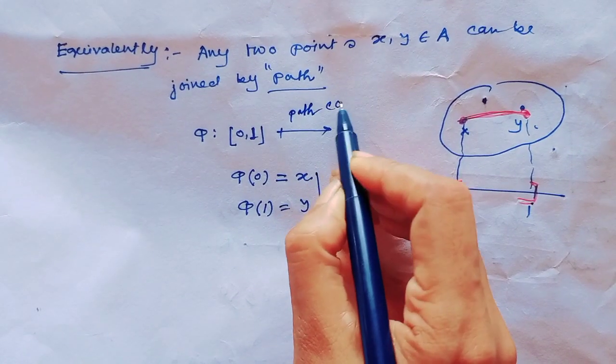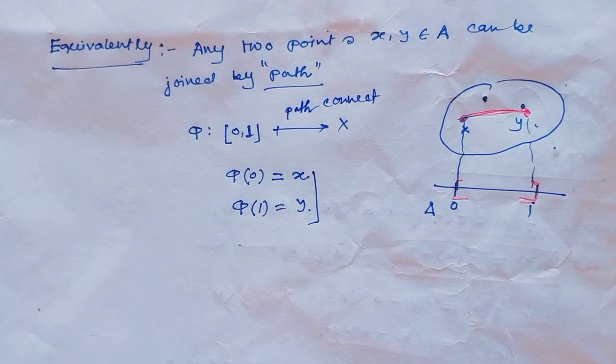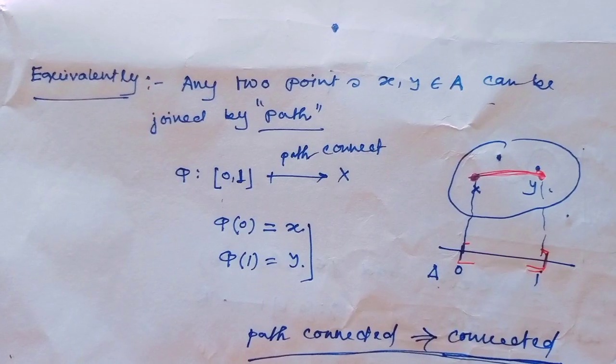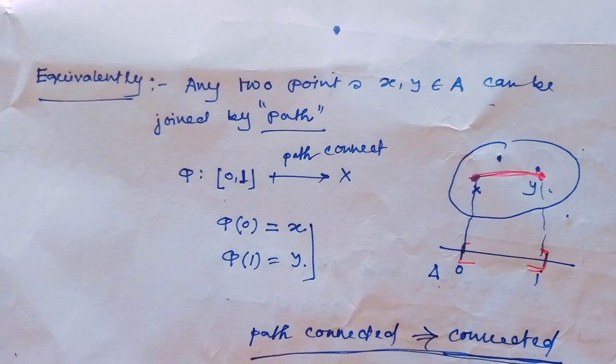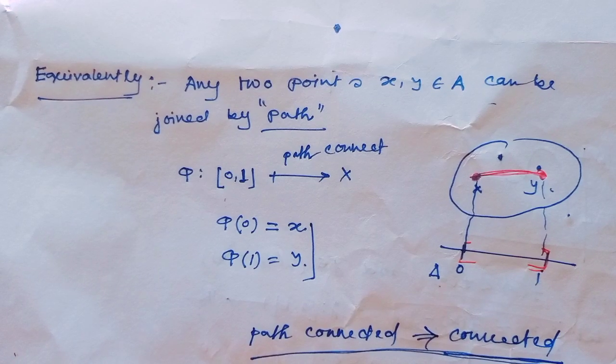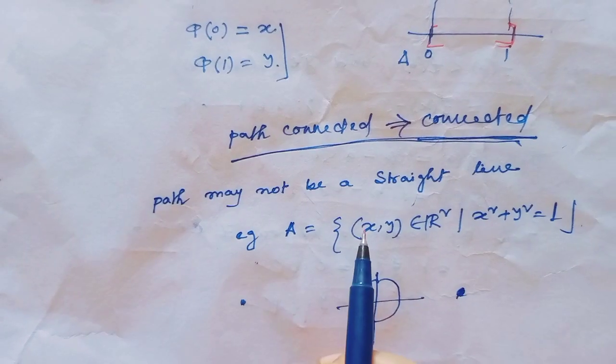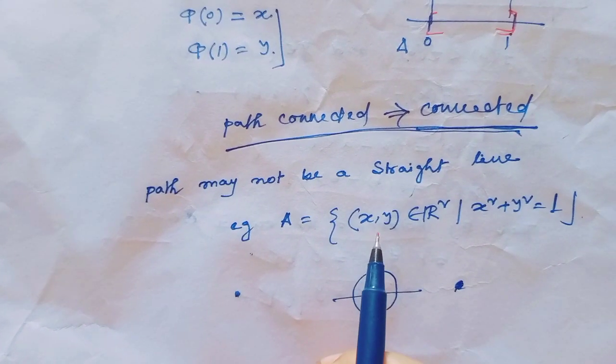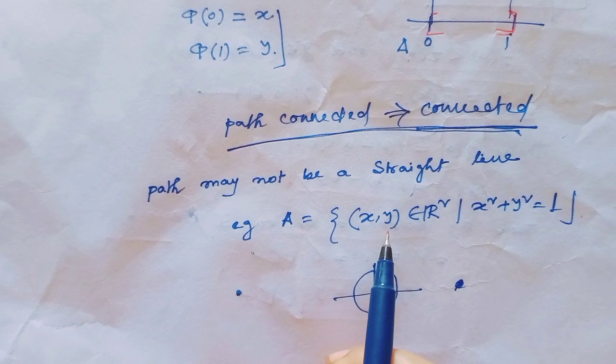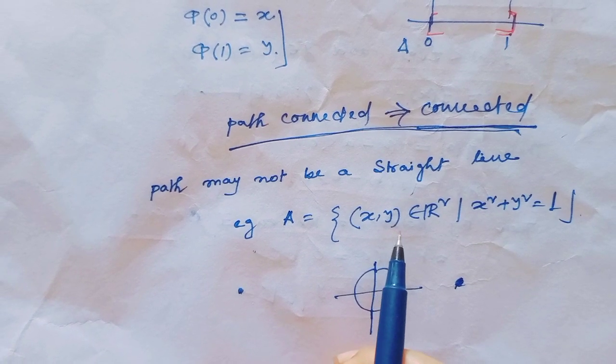If we can define this type of path, then we can say this set is path connected, and path connected always implies connected. Path connected does not always mean the path is a straight line; the path may be a curve also.